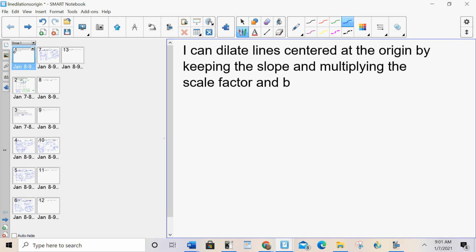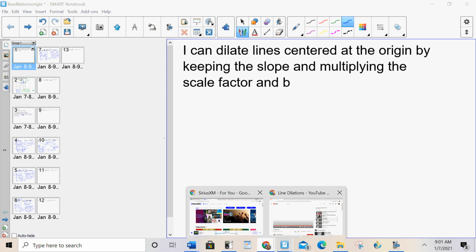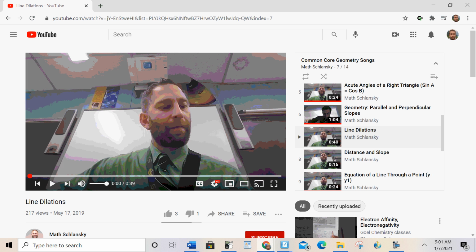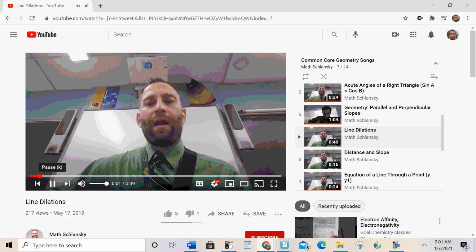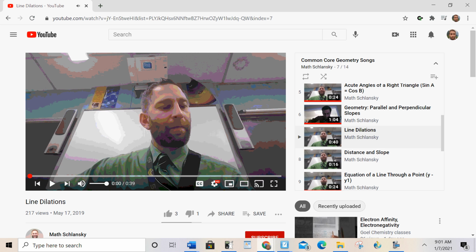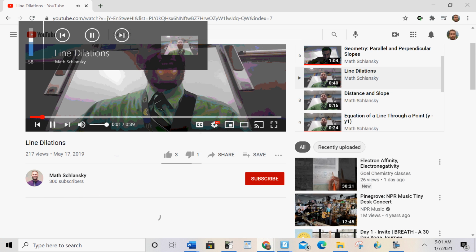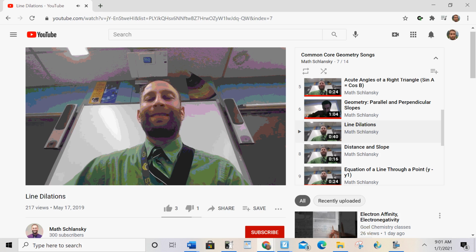Line dilation, parallel, keep the slope.